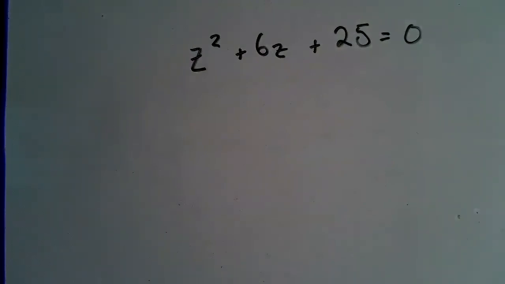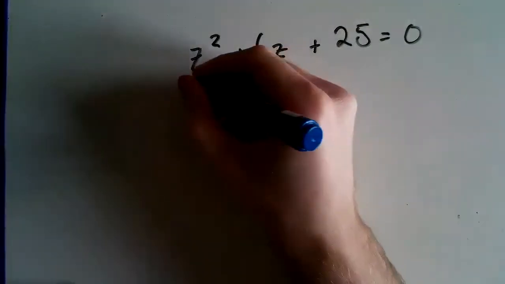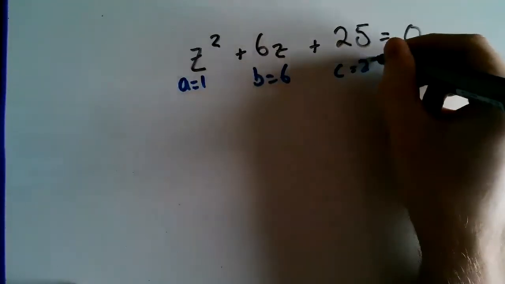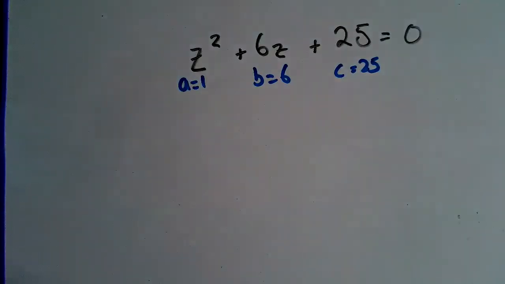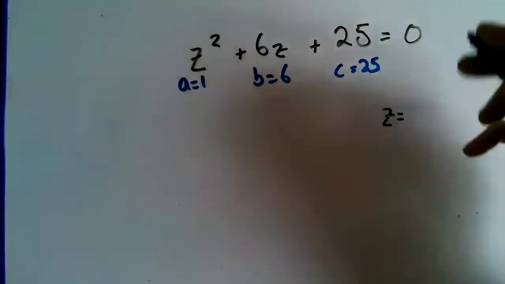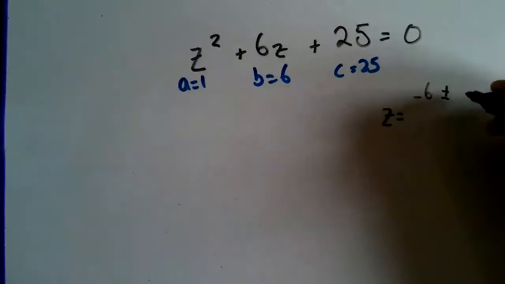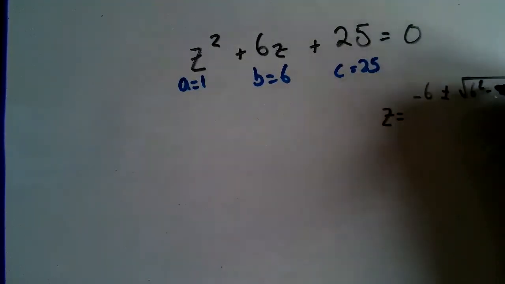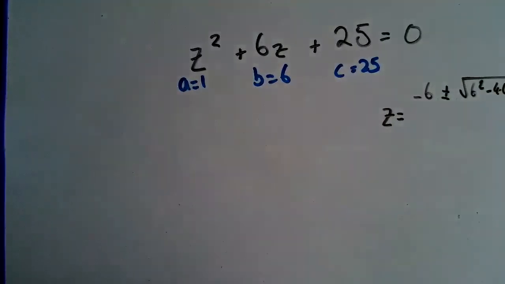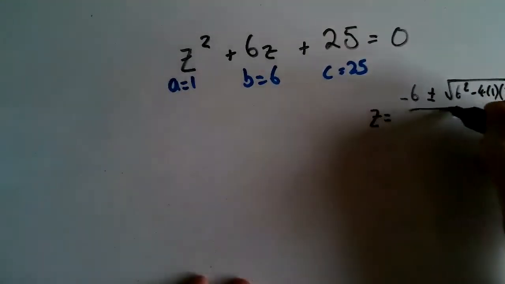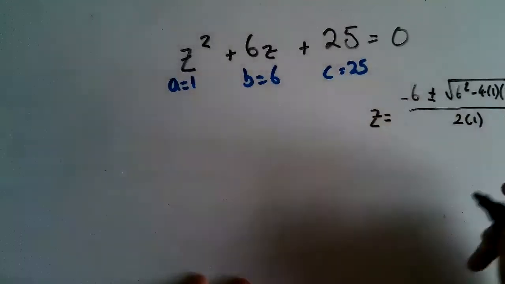If you wanted to use the formula, you could spot that a equals 1, b equals 6, and c equals 25. You would sub that into the formula, and you would get z equals minus b, so minus 6, plus or minus the square root of b squared, so 6 squared, minus 4 times 1 times 25 for c, all divided by 2 times a, so 2 times 1.